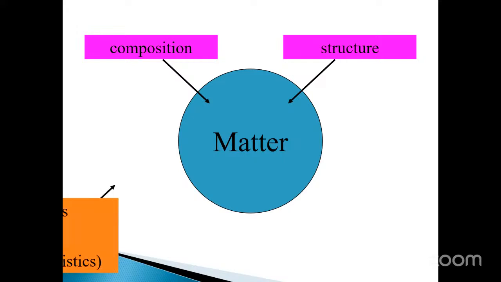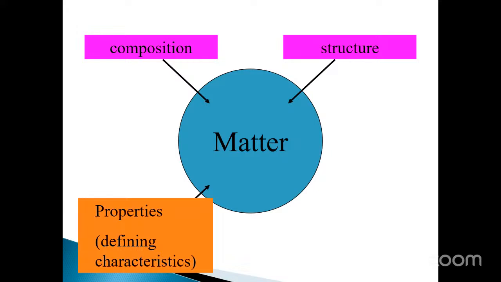The next thing that we're concerned with are the properties. So this term properties in chemistry, and to some extent in physics, basically what it means is the defining characteristics, right? So things like color, taste, density, mass, all those things that basically help to define the substance. We call them properties, right? And later on, we're going to learn about two types of properties, physical and chemical properties.